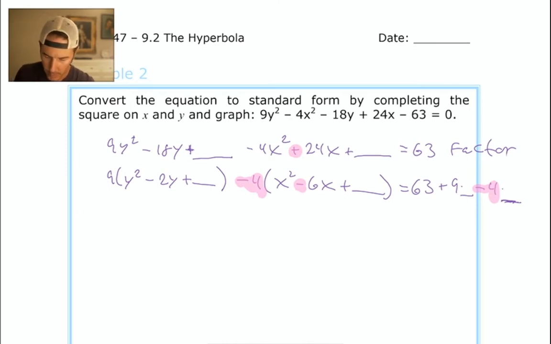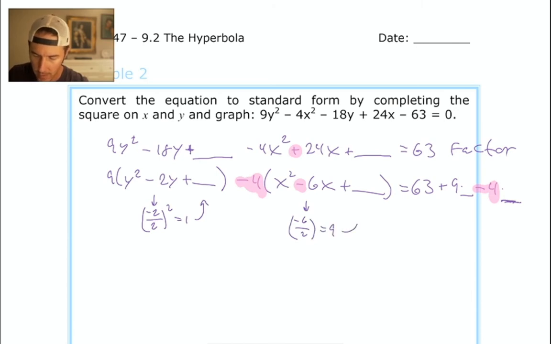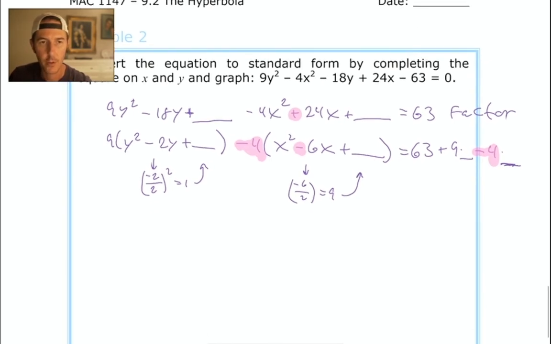Let's do the actual completing of the square. So we'll take the negative 2, divide it by 2, square it. That's equal to 1. That's going to go into this position and on the right-hand side of the equation, but not just yet. Here we'll take the negative 6, divide it by 2. That's 3, squared is 9. That goes here. And in the second position on the right-hand side, we're going to write them in this next iteration.